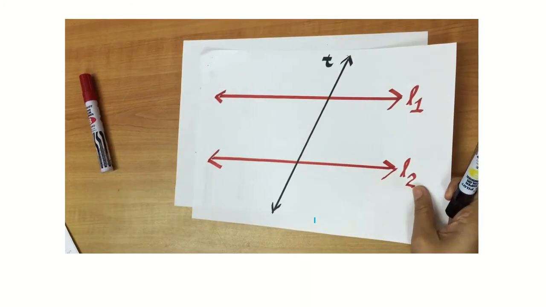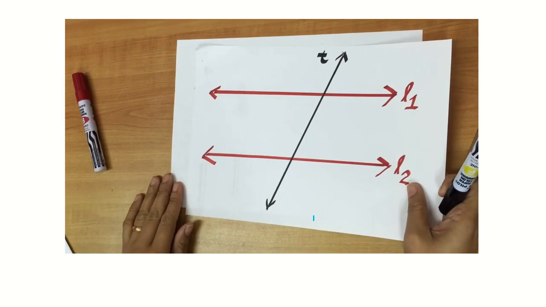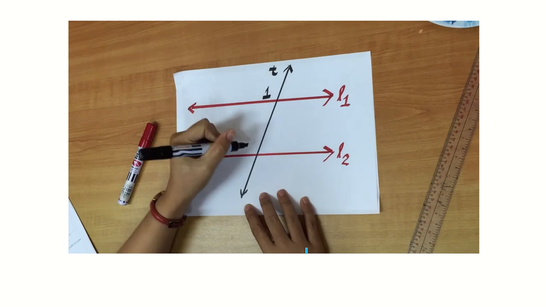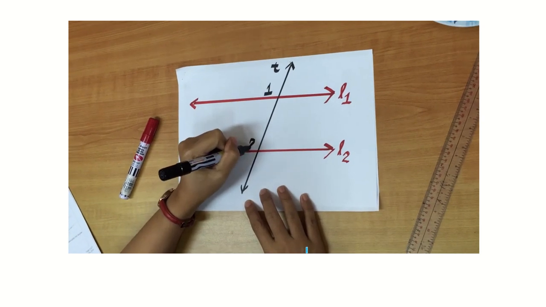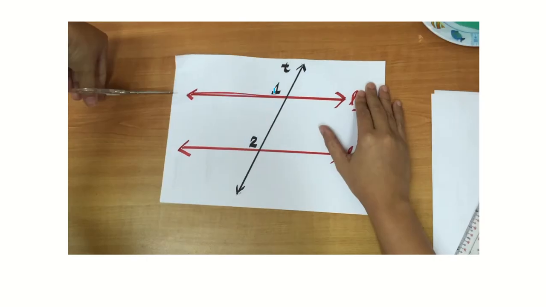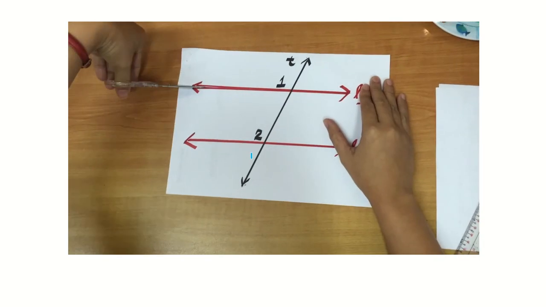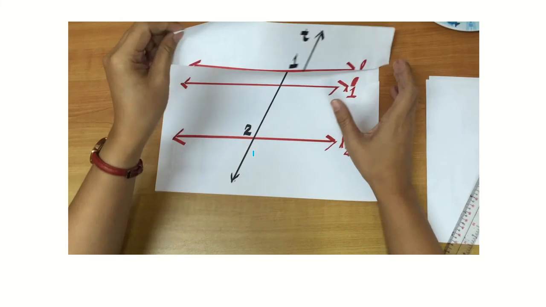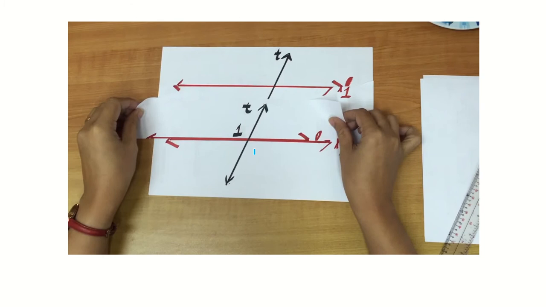If you try to identify two angles here that are corresponding, these are corresponding angles. If you cut them out and put angle 1 on top of angle 2, you will notice that it fits in completely.